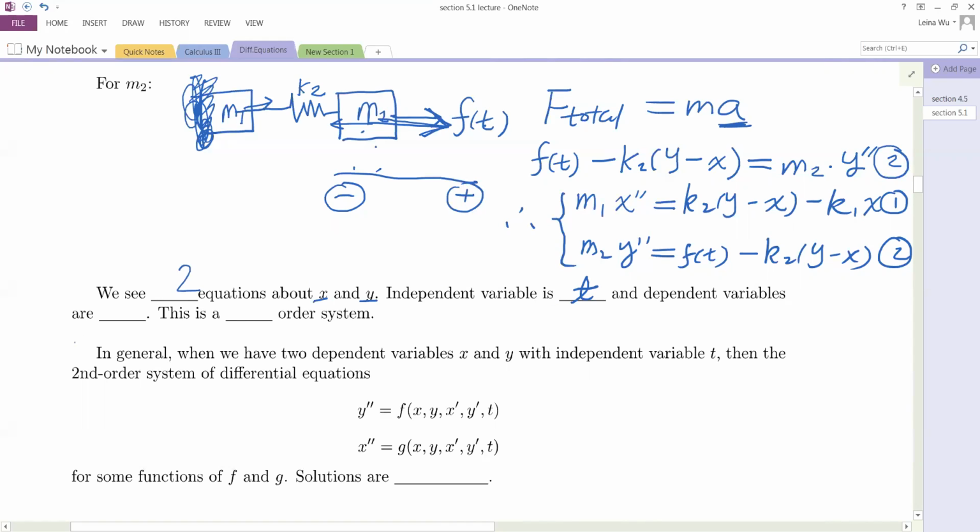So there are 2, x and y, right? What's the order of the system? First or second order? When you have squared, second order. X double prime. So it's a second order system, okay? Any questions so far?